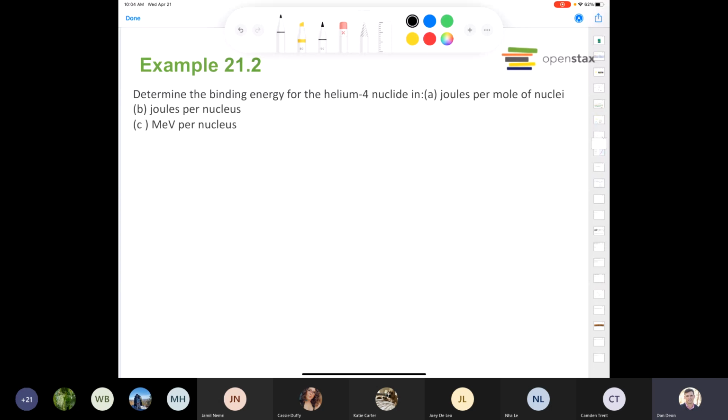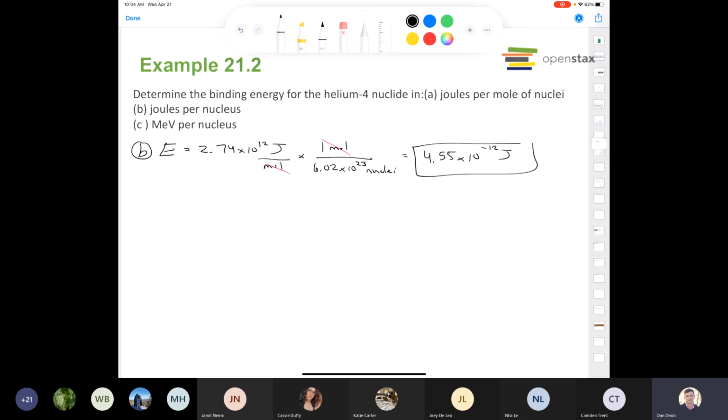So if we know that our energy is equal to 2.74 times 10 to the power of 12 joules per 1 mole of nuclei, and we know that in 1 mole of nuclei we have 6.02 times 10 to the power of 23 nuclei, moles cancel out, and we're left with our energy, which is 4.55 times 10 to the negative 12 joules per nucleus, or for 1 nucleus, excuse me.